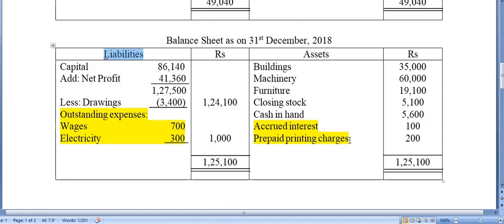I have written out here prepaid printing charges, deferred revenue expenditure. Interest earned but not received: you are supposed to receive the interest of 100, but you have not received 100 rupees yet. So that is your accrued interest or outstanding interest, 100, and you must record it in the asset column.